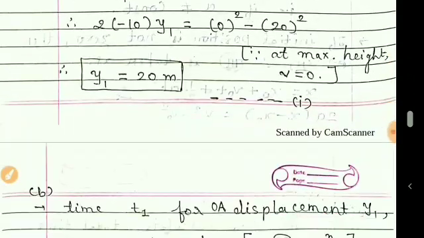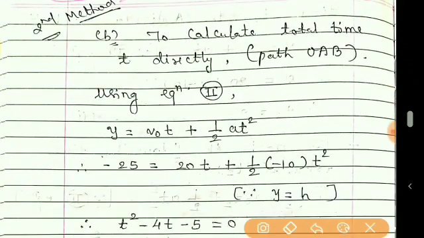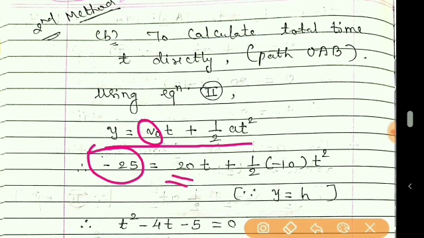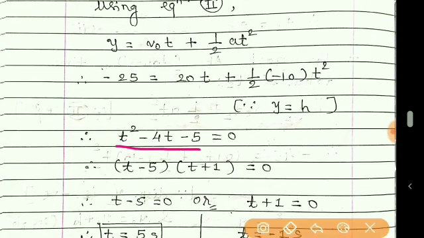So using this equation, that is y is equal to v naught t plus half at square, we have taken y as minus 25. What was initial velocity at that point? It was 20. So we have written v naught as 20, t is unknown, so as it is. Acceleration due to gravity is always minus 10. Solving this, we'll get a quadratic equation whose variable is t.